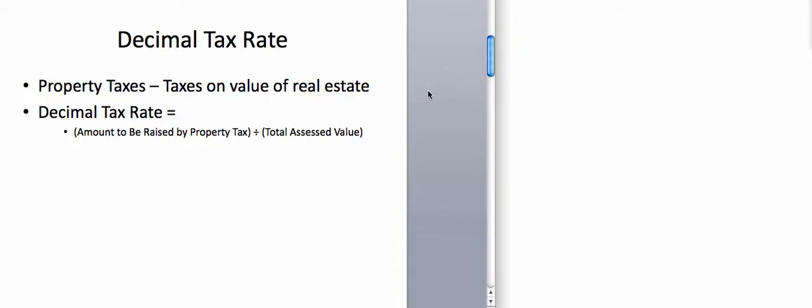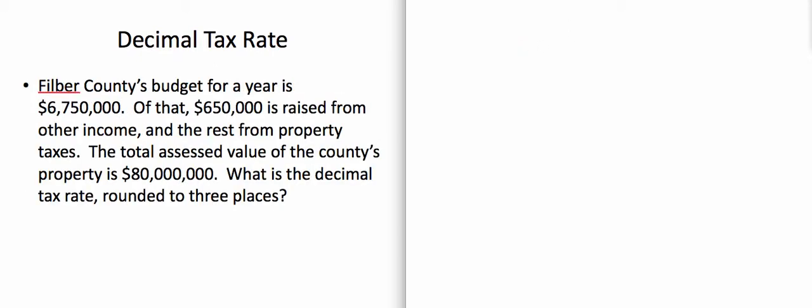So what we have here, just a fake county here, Filbert. Their budget for 1 year is $6,750,000. Of that, they say that you have $650,000 that's raised from other income, so it's coming in from other places. The rest of it has to come in from property taxes.